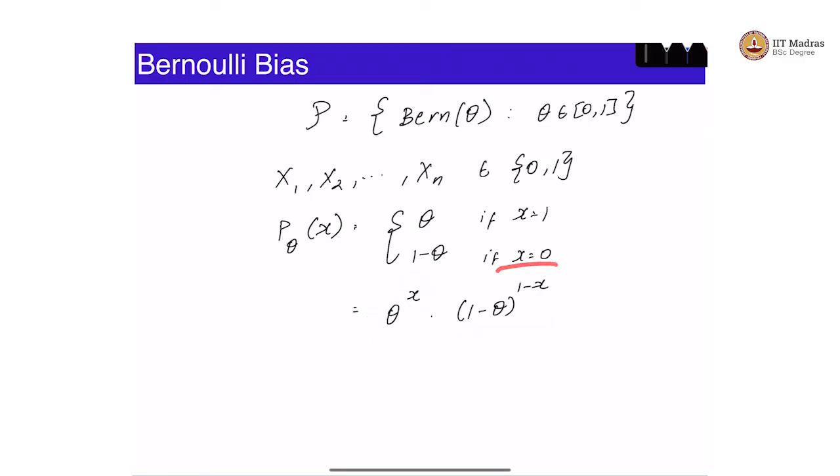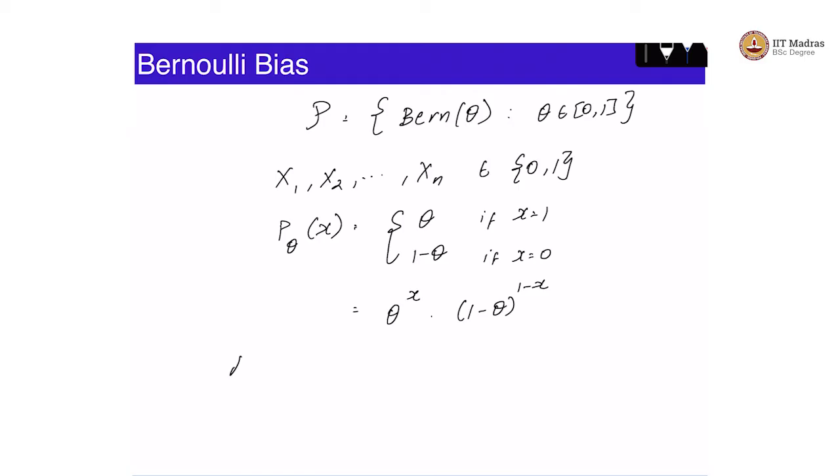If x was 0, this would be theta power 0 into 1 minus theta power 1, which is 1 minus theta. So this case expression is written in a compact way as theta power x into 1 minus theta power 1 minus x. And this makes sense because x can take values only either 1 or 0. Okay, so now we have p theta of x.